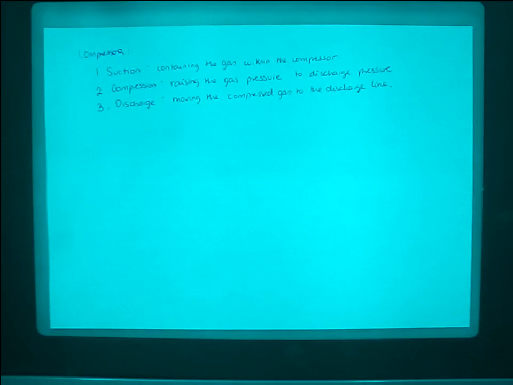Okay, so these are the three parts that will be involved in a compressor.